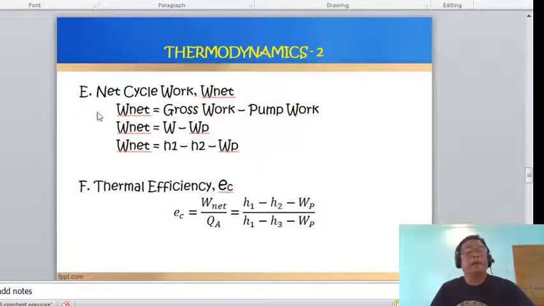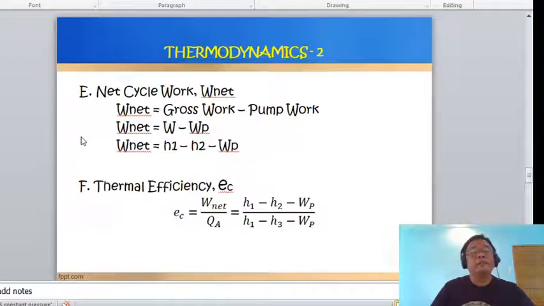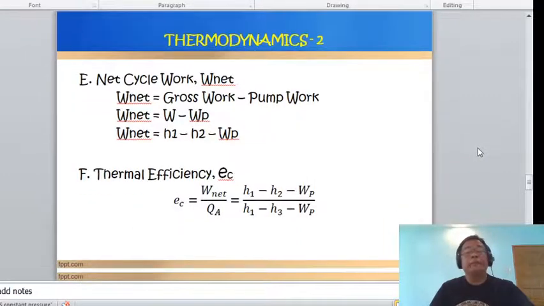The net work equals H sub 1 minus H sub 2 minus W sub P. For thermal efficiency, e sub e, that equals the net work over the heat added, or simply H sub 1 minus H sub 2 minus the pump work, over H sub 1 minus H sub 3 minus the pump work. You can multiply it by 100 percent. So that is for thermal efficiency.